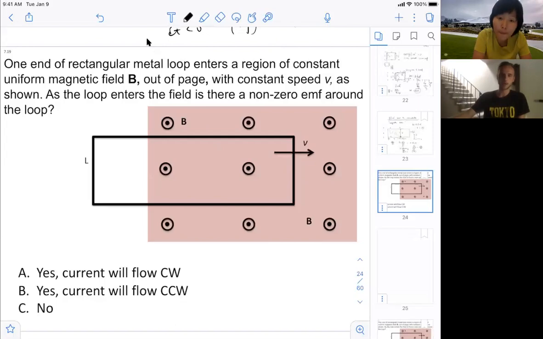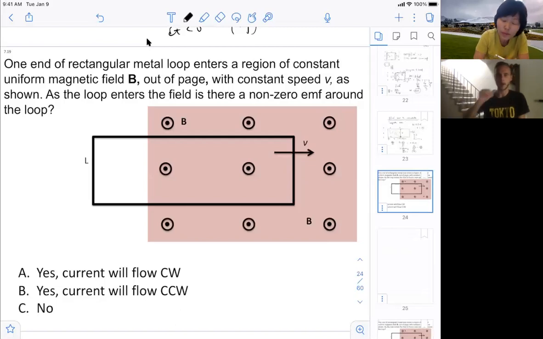So if we have some changing flux with respect to time, we know that that will induce a current within our closed loop. And Lenz's law tells us that we need to have a B field around this current which opposes the change in flux.